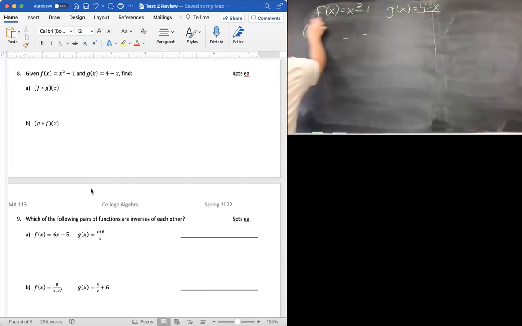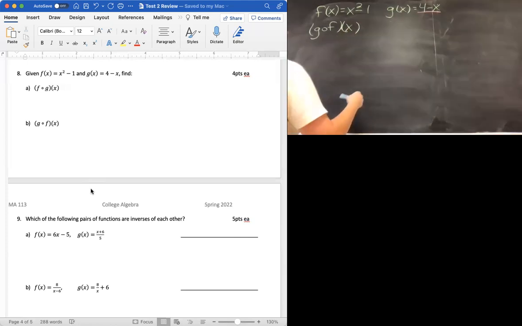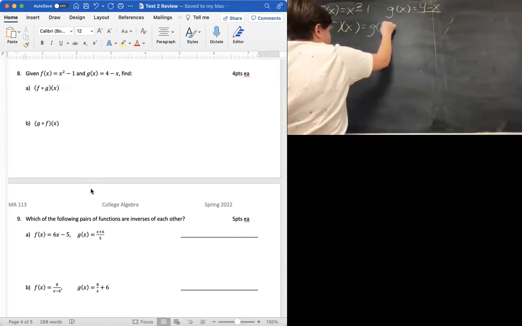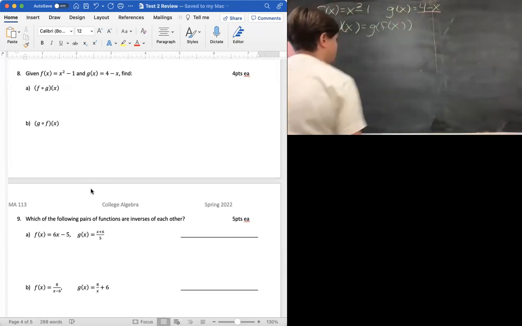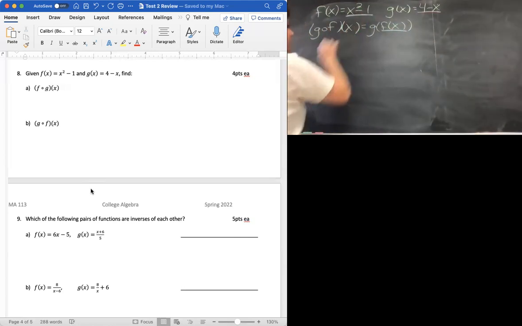Next, you are asked to find g of f of x. That's where you take f of x and plug it in to g of x anywhere that there is an x.